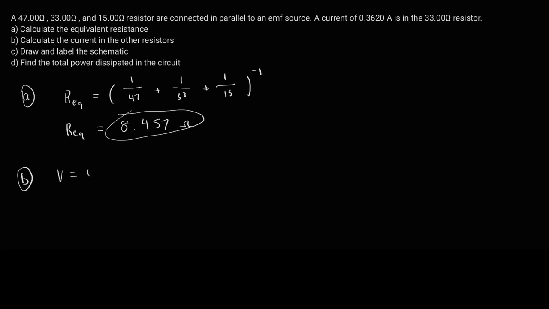V is equal to IR, so V is equal to 0.3620 times the resistance, which is 33 ohms. So we get the voltage to be 11.946 volts.